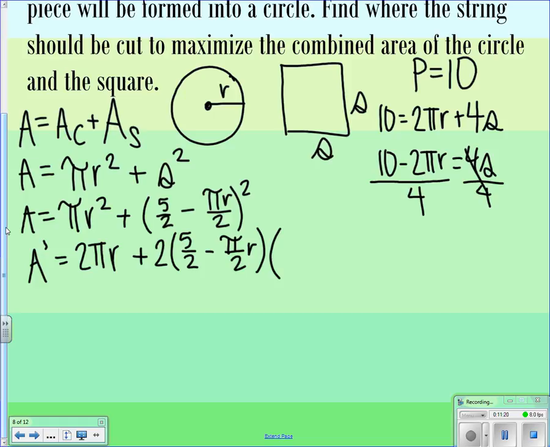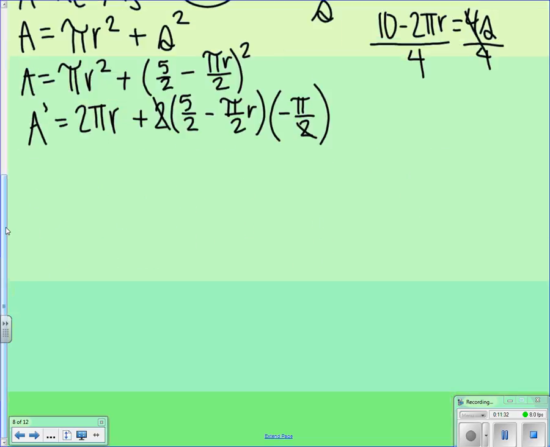Derivative of negative pi r over 2 is negative pi over 2. That 2 here and that 2 there will cancel. So we're going to have the derivative as 2 pi r, and then 5 over 2 times negative pi, and then plus pi squared over 2 times r.